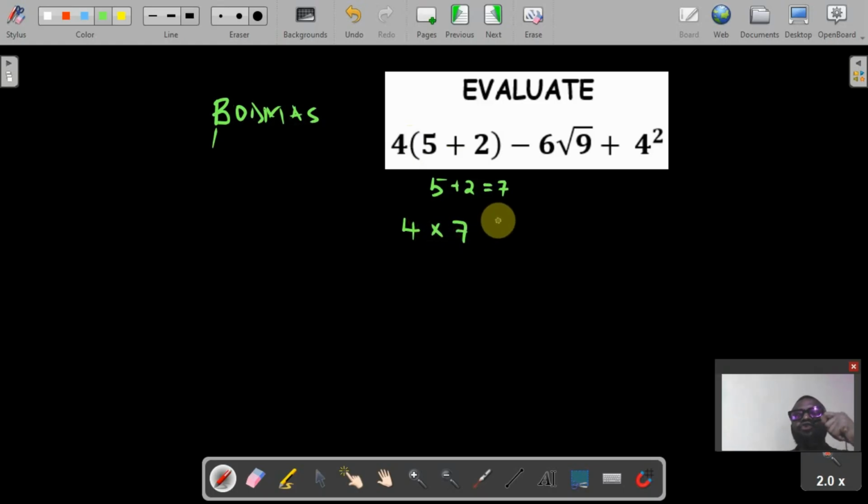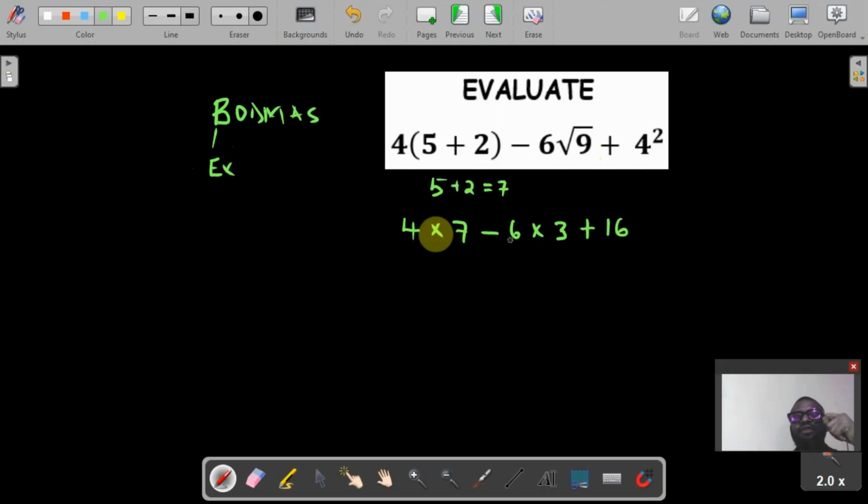The next thing is the root and the square. That is, after bracket we have the "of" or the exponents or the roots. They will go together. So this will give us minus 6 into the square root of 9, which is 3, then plus the square of 4, which is 16.